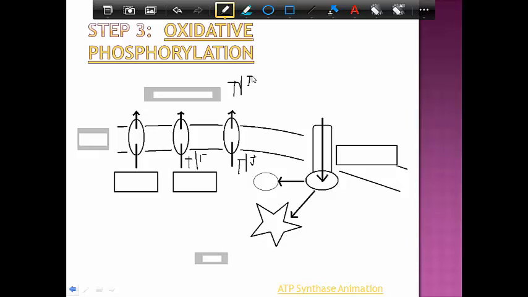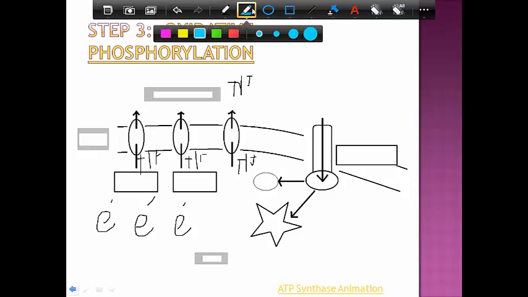Well, these hydrogen ions, when they break off, they're not alone. What else comes off, because we're breaking bonds, are some electrons. And I'm going to represent that with an E with a little dash on top of it. So not only do we lose hydrogen ions from the NADH and the FADH2, but we also lose some electrons.